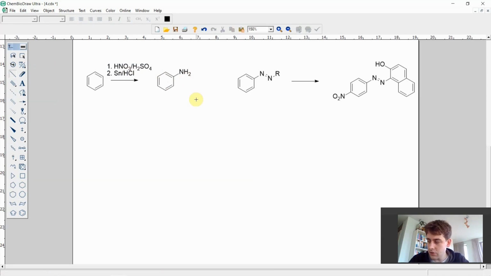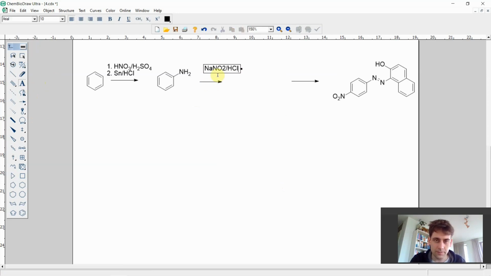And then we need to produce the diazonium salt. This is actually done by using the reagent we have also just used in the previous reaction.